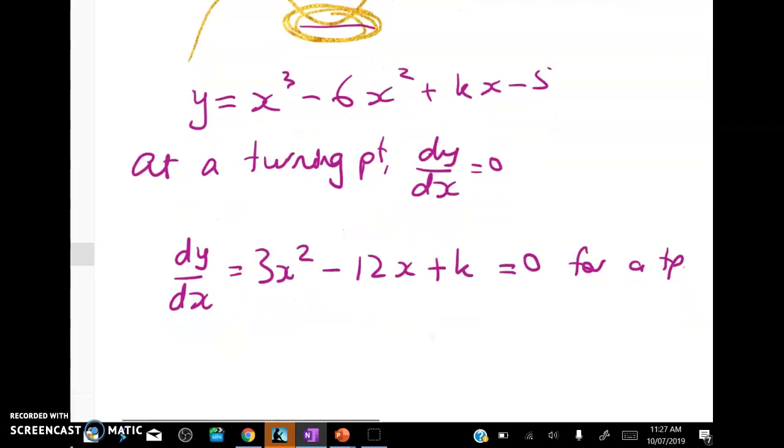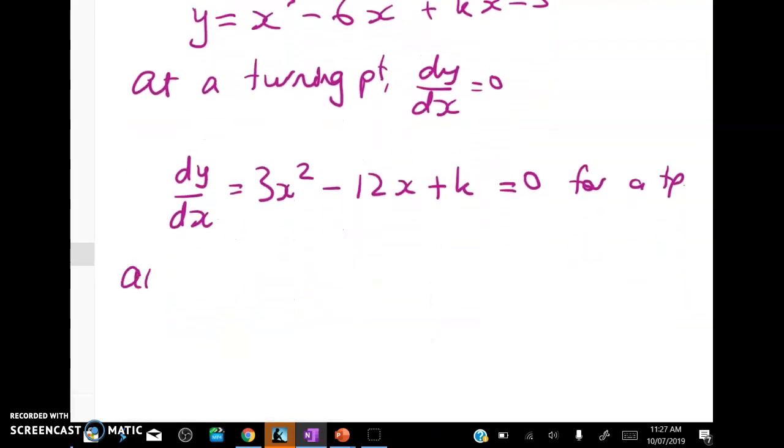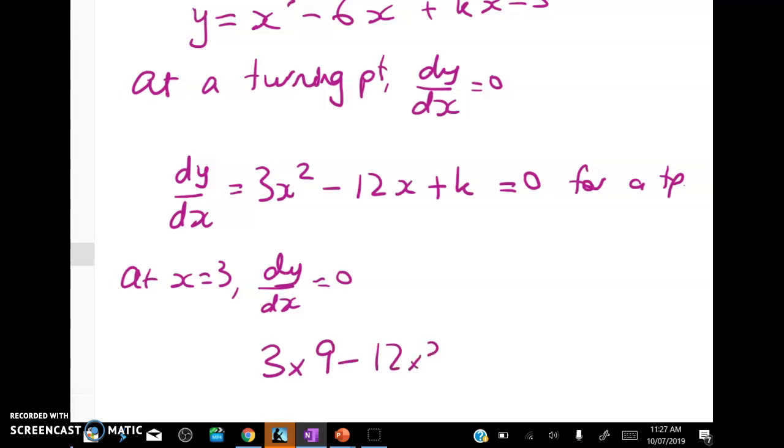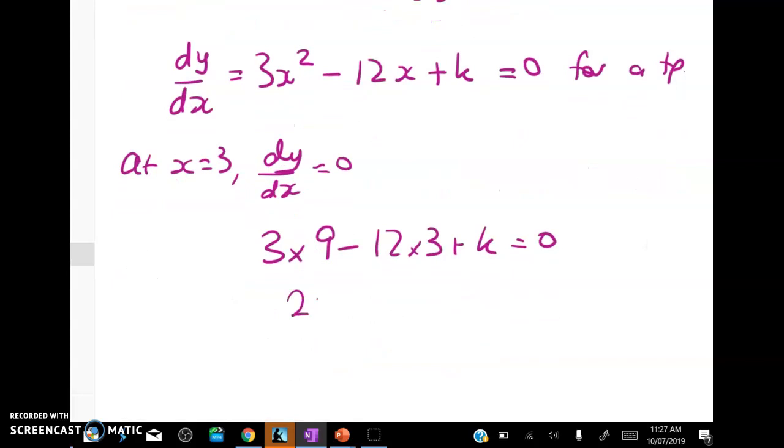And we know that we've got a turning point at x equals 3. So at x equals 3, dy by dx is equal to 0. So substituting in 3, we get 3 times 3 squared, which is 9, minus 12 threes, plus k is equal to 0. So 27 minus 36 plus k equals 0.